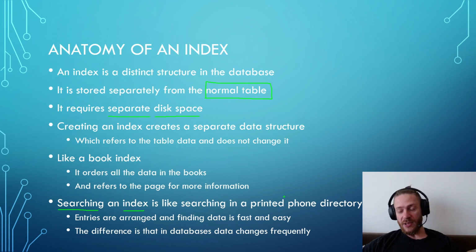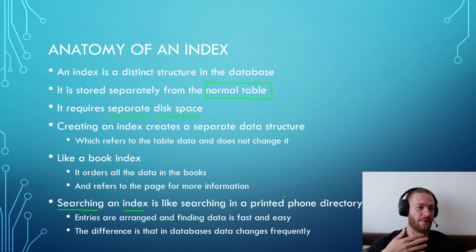The only problem here is that the database changes frequently, while a printed phone book does not change that often. If you have a printed phone book that changes super often, you have a problem because you need to print the same phone book every day, for example. With the database, it's the same.